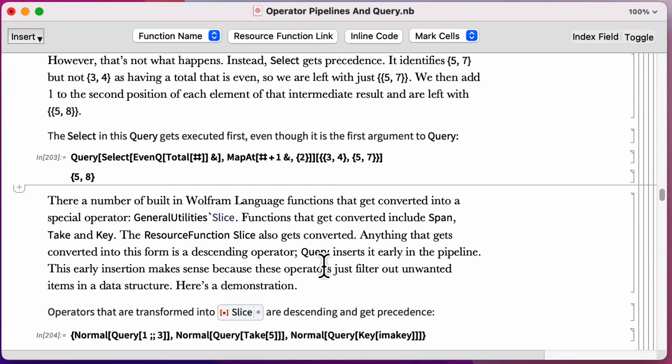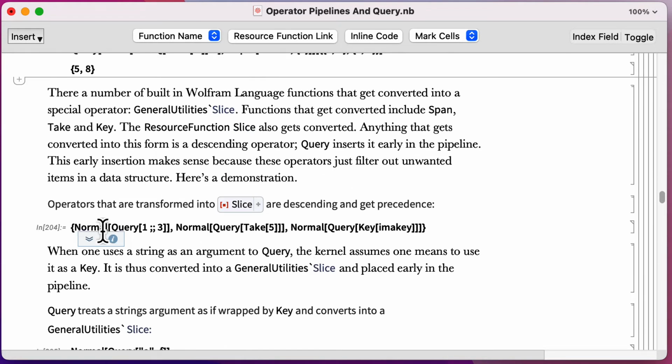Okay, so there are a number of Wolfram language functions that are like select in that they go ahead. And all of them ultimately become something called general utilities slice. I don't think you need to know about that, but if you see functions like span, which takes a range, or take, or key, or the resource function slice, those get put in ahead of time.